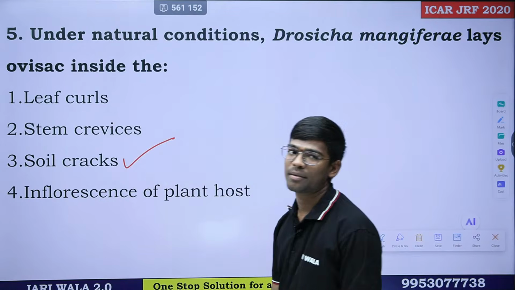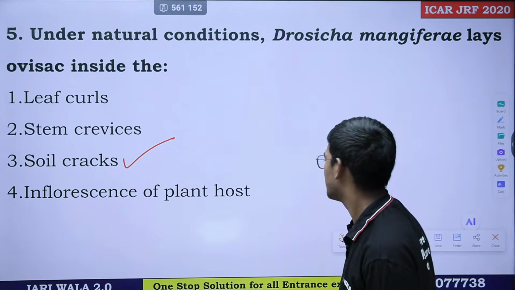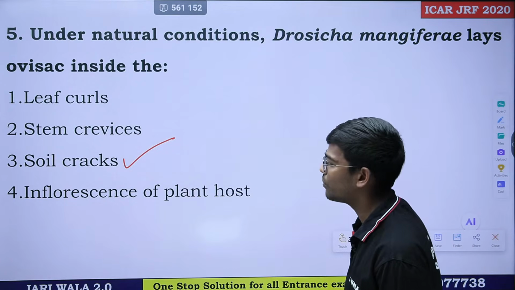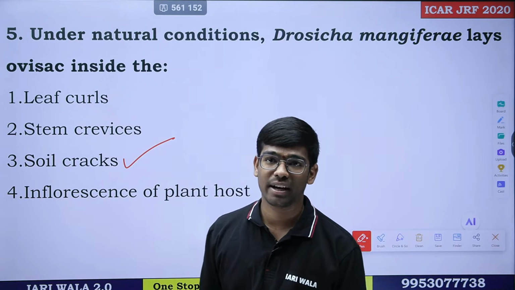Soil cracks. What happens now? It lays eggs in the soil, and in the month of April to May, it will lay its eggs, and until then it hibernates in the soil.